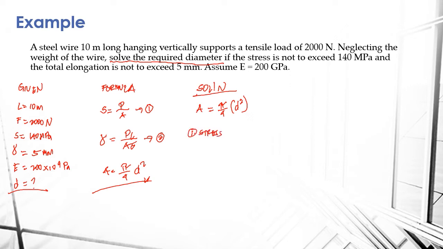Stress is equal to force over area, since P is equal to F. So, stress is 140 times 10 raised to 6 Pascal, equal to the force, 2,000 newtons, all over the area, pi over 4 d squared.